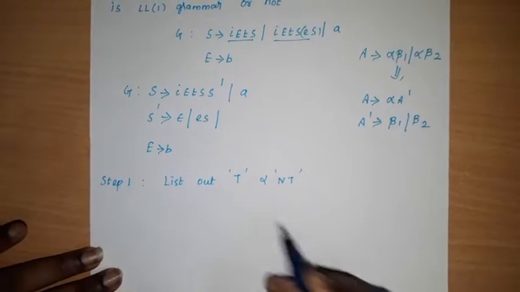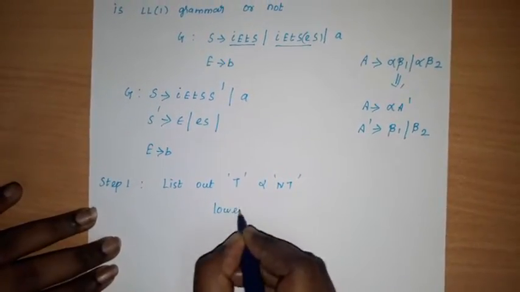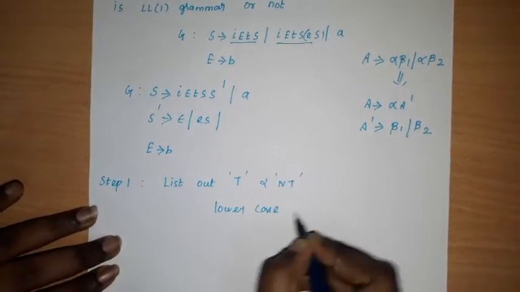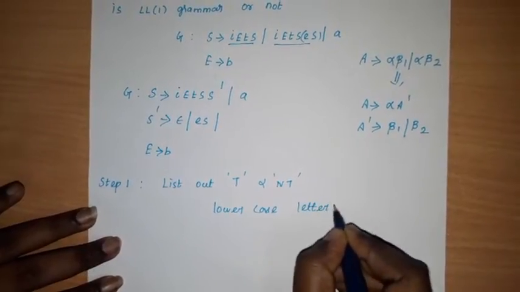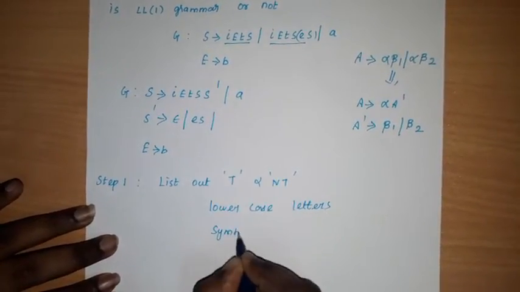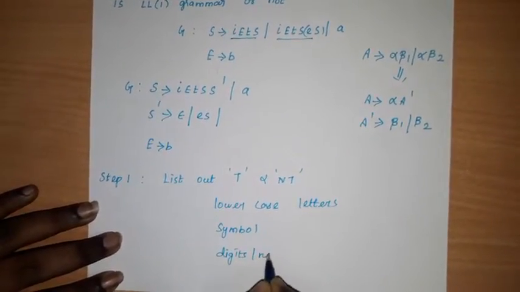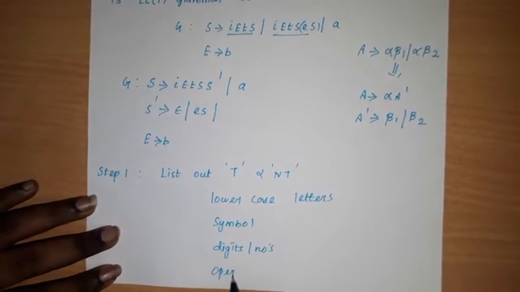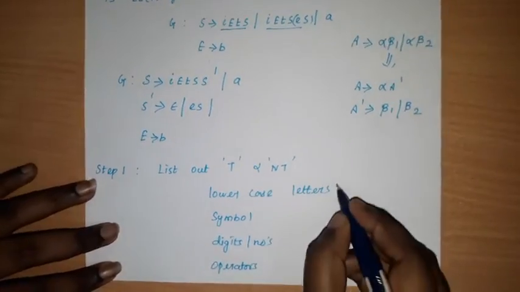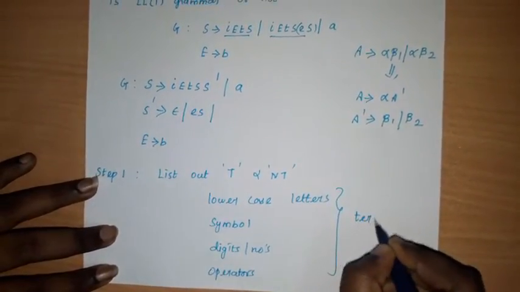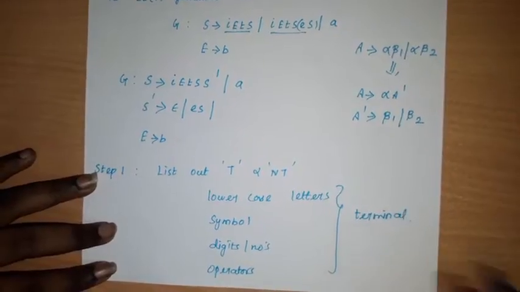Terminal symbols are lowercase or small case letters, symbols, digits or numbers, and operators. These are terminal values or terminal symbols.